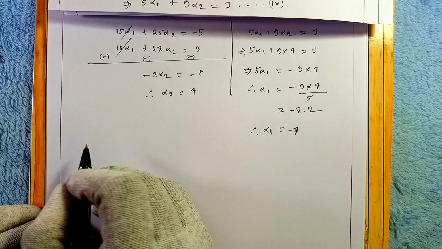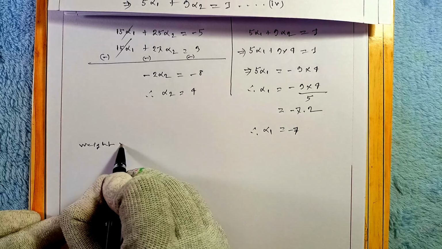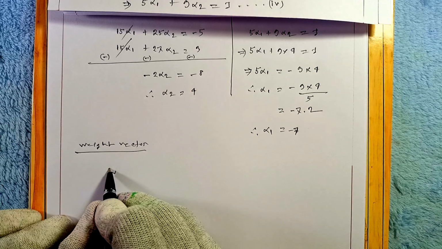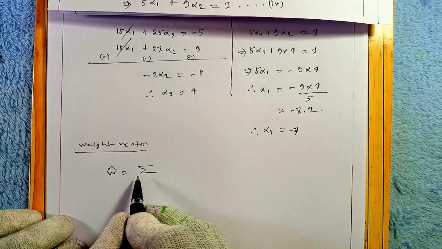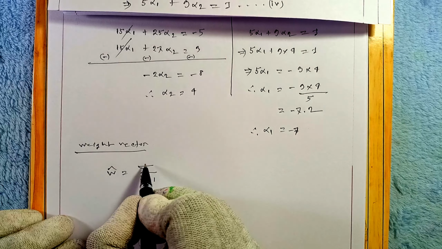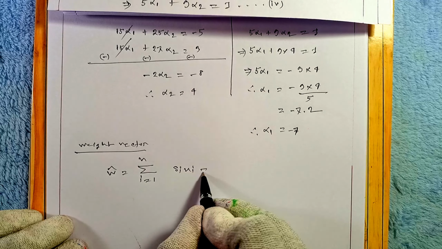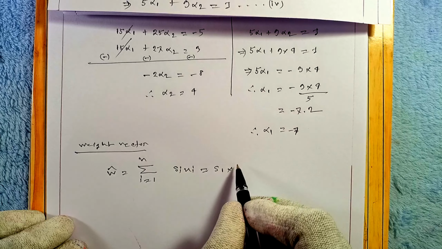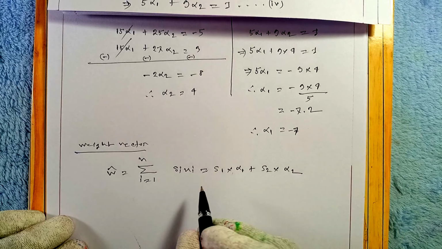Now we have to find out the weight vector. The formula is the sum over i of alpha i, s i and x i. So here we have s1 into alpha 1 plus s2 into alpha 2.